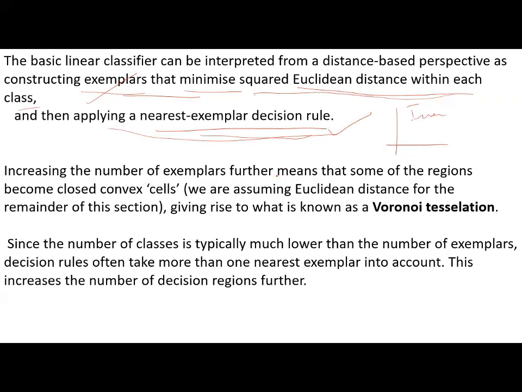Increasing the number of exemplars further means that some of the regions are closed convex, giving rise to what is known as Voronoi tessellation.